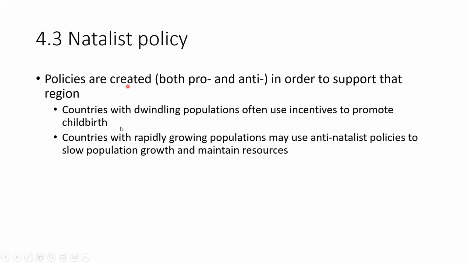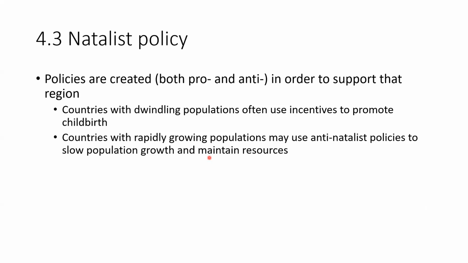So with the anti-natalist policies, some of you may be familiar with things like the one-child policy in China. And then there's kind of the reverse in some places. Like I think France at one point outlawed contraceptives to try to increase the population.